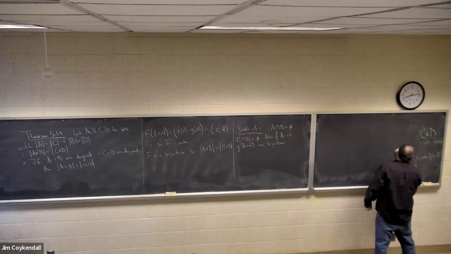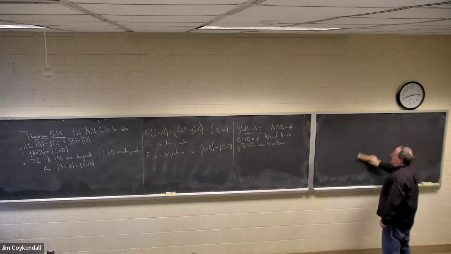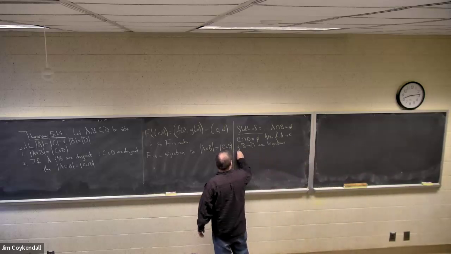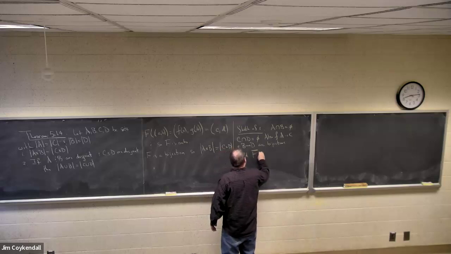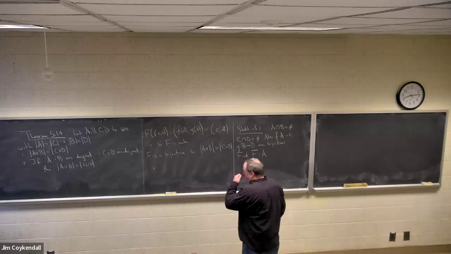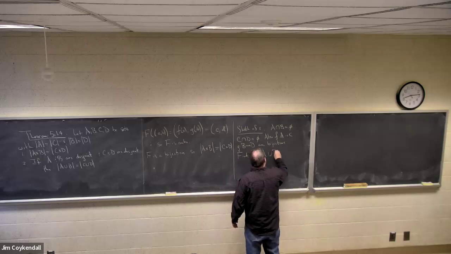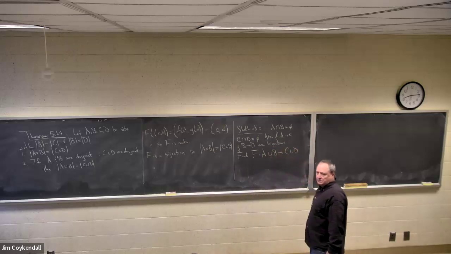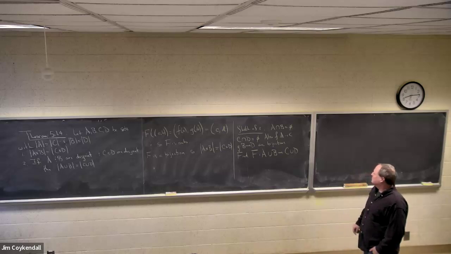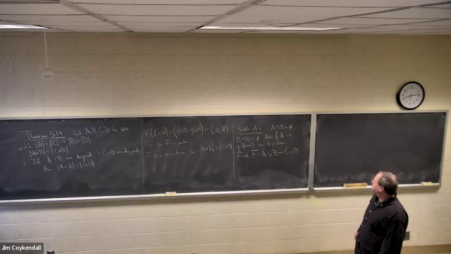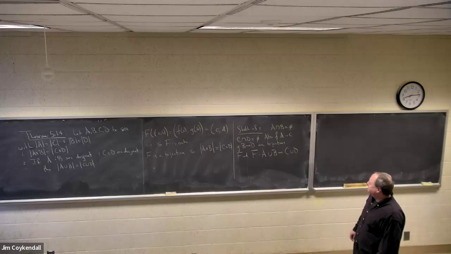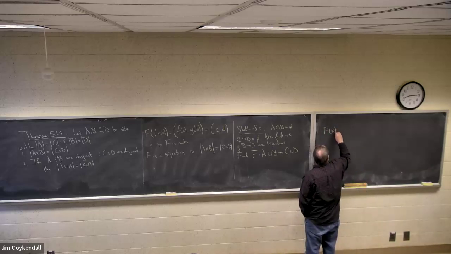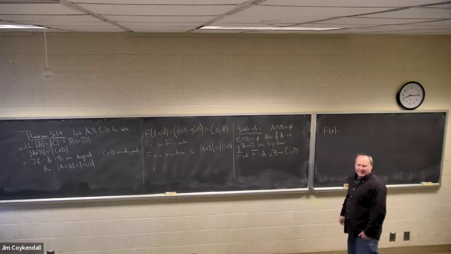Before, we had to define a function whose domain was A cross B. Now we need to define one, this time from A union B. How are we going to do this?